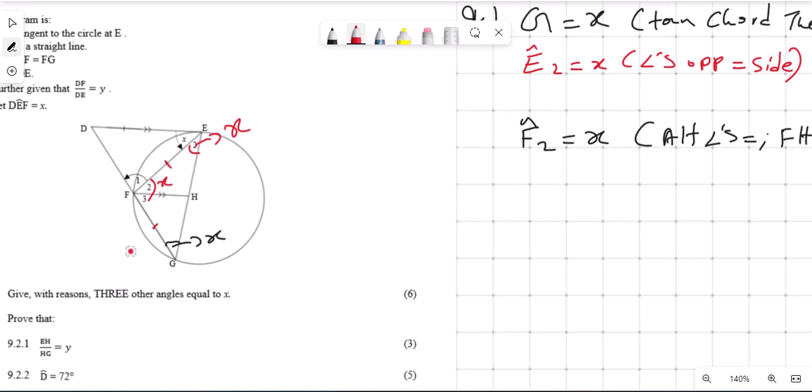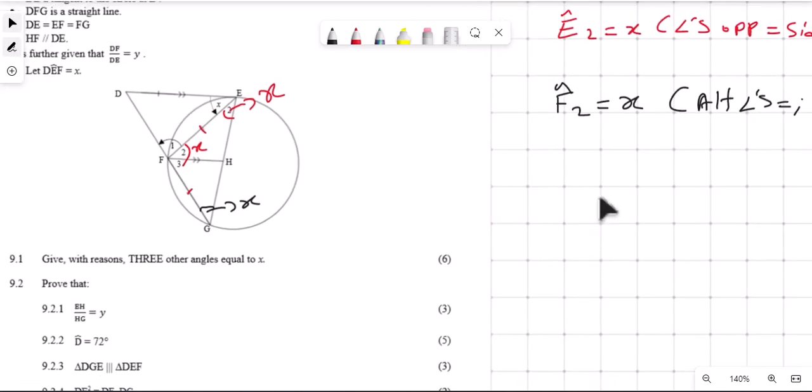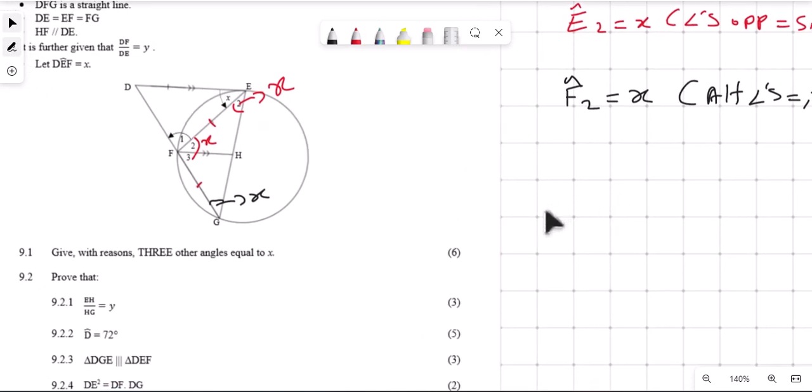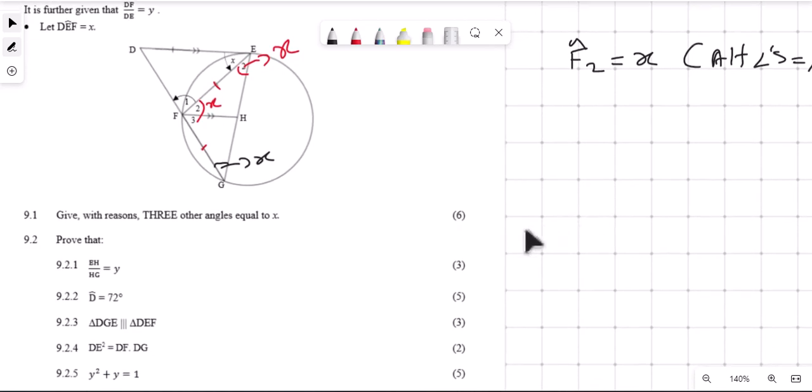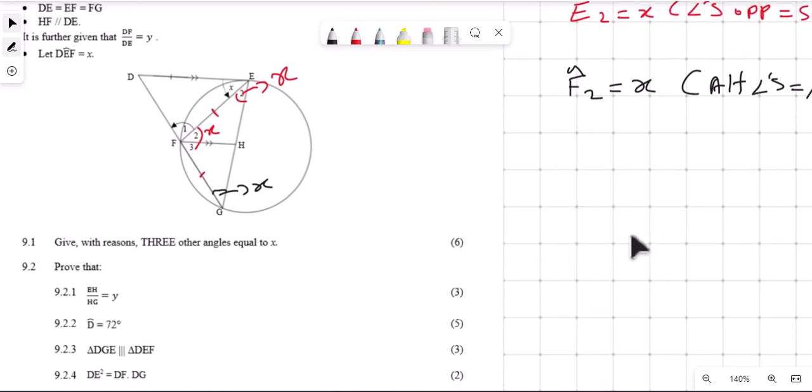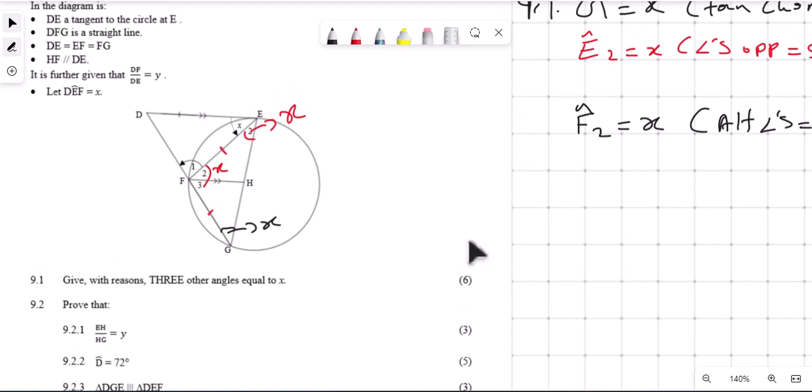Okay, now prove that EH over HG is equal to y. Where is y?